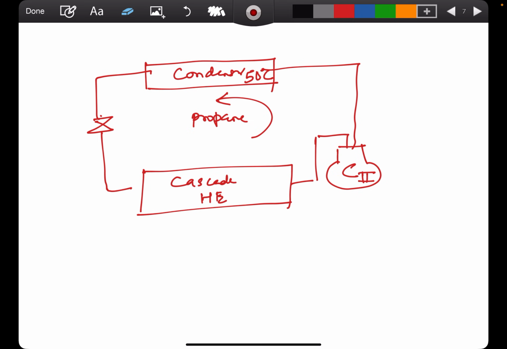Let us say that it is minus 40 degrees centigrade is the cascade evaporation temperature. So minus 40 degrees centigrade is the temperature of the cascade heat exchanger, the cascade evaporator.